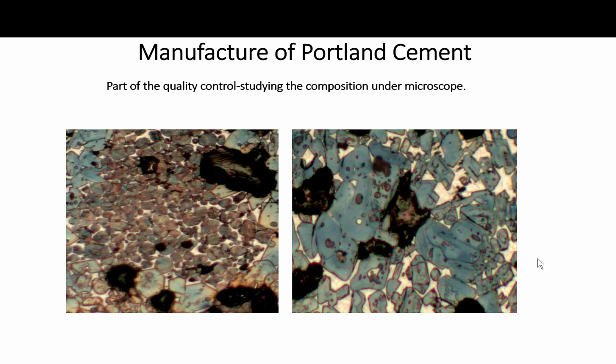This is part of the quality control process and studying the composition of the cement, and also mostly the morphology, the shape, and the texture of the phases. We might go over this again in some other lecture, but I'm mentioning it here for reference, just so that you know about it. Okay.